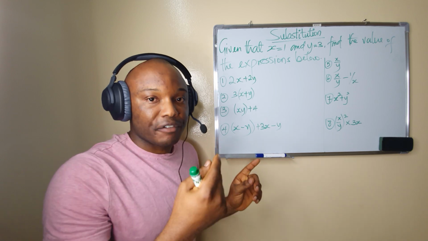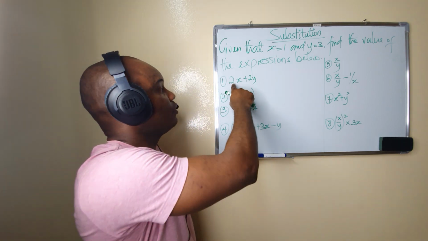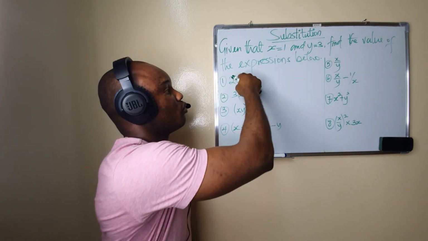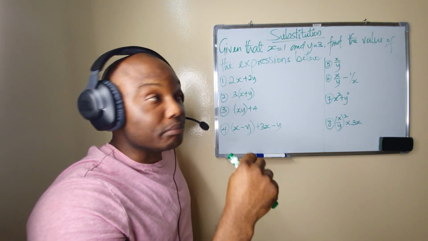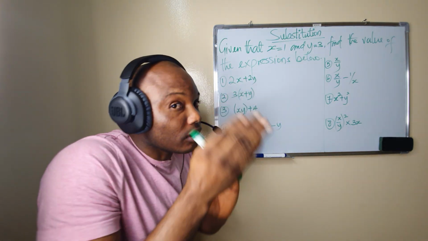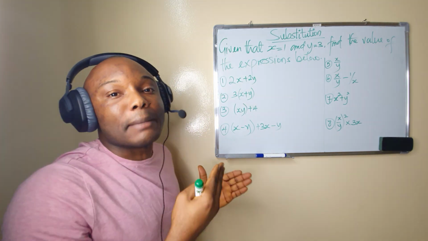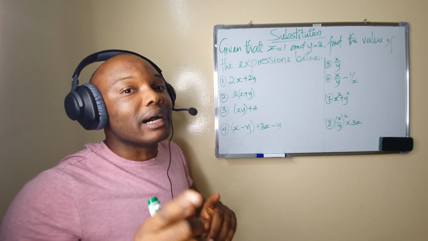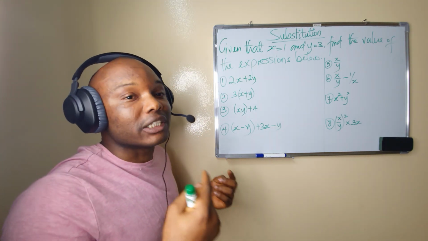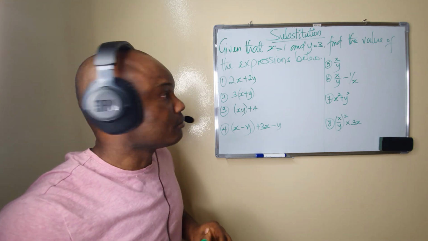If you go back to our video on expressions, you will know that 2x is not going to be 21 if I replace x with 1, because 2x is actually 2 times x. Remember, we did that in our earlier video on expression. You can see that video.